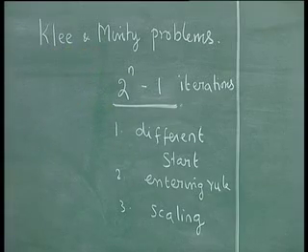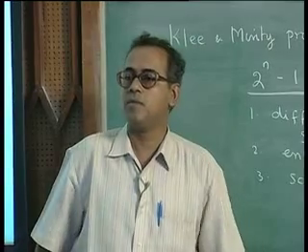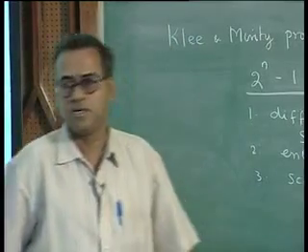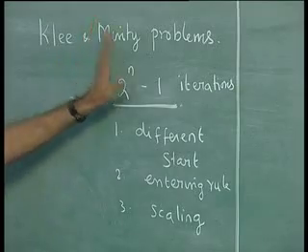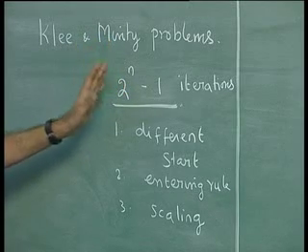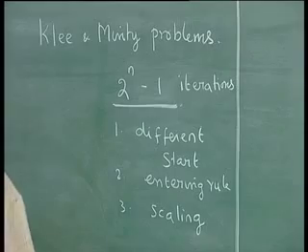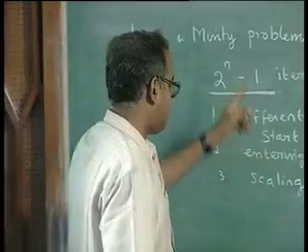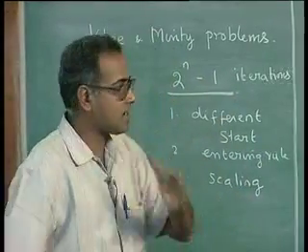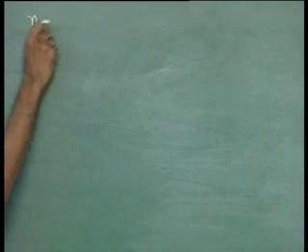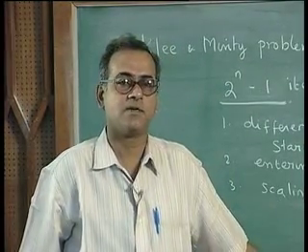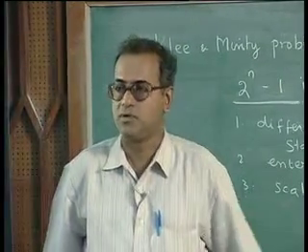Klee-Minty examples are very few examples that have been published. There could be many more which have not been published yet, but this was enough to show that Simplex is a worst case exponential algorithm and not a worst case polynomial algorithm. The fact that it could be exponential was already evident from the algebraic method, which will take nCm iterations, or evaluates all the nCm possible solutions.